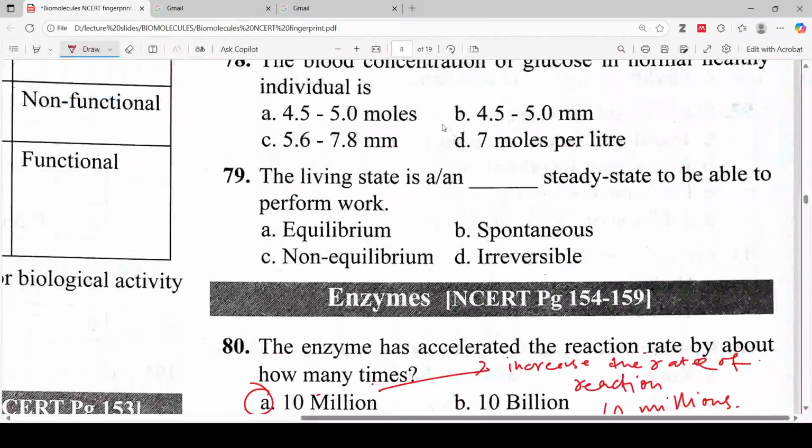The living state is a steady state to be able to perform work. So the correct answer for this question is option C, non-equilibrium will be the correct answer. Non-equilibrium; equilibrium is not a steady state condition.